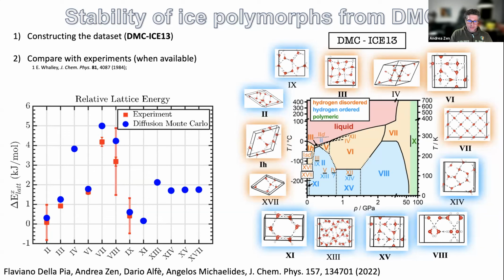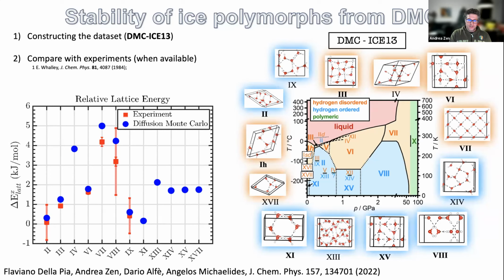And we have quite good agreement between the diffusion Monte Carlo and the experimental values, especially if we take into consideration that in the experiment there are small error bars, but this is under the assumption that the zero-point motion is the same for all the polymorphs. If one instead tries to compute them, they seem not to be the same.